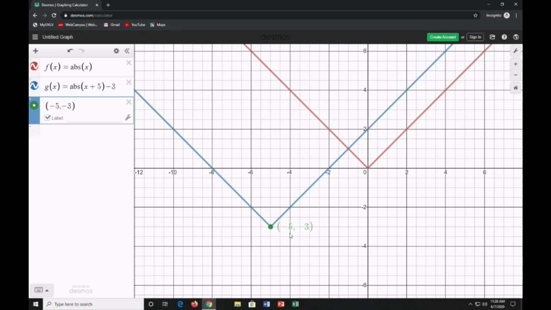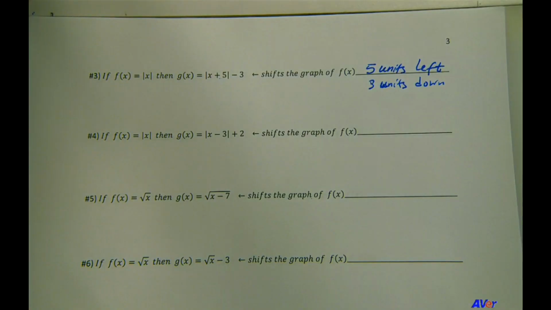And I don't know if on the projection, this light green coordinates are being shown. I hope you can see it in the video. I won't know if you can see the point until I look at the video later, but that's where it is. Okay, so let's switch back to the doc camera.